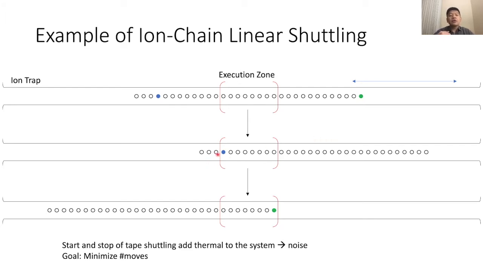And in order to operate on the green qubit, we have to shuttle the entire tape in the other direction so that we can put this green qubit in the execution zone, and then we can apply our gate on this qubit. Because the start and stop of tape shuttling add heat to the system, these operations will cause noise to the system. Our goal here is to minimize the number of tape moves.